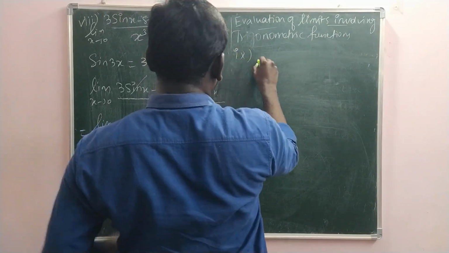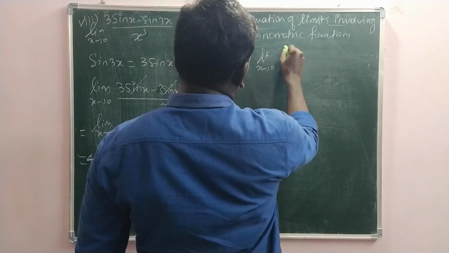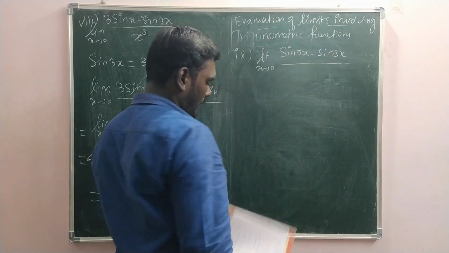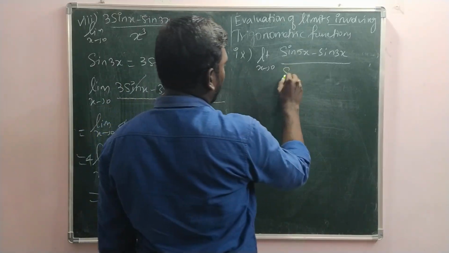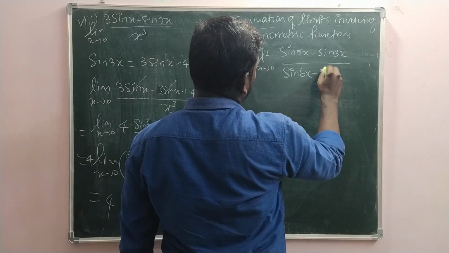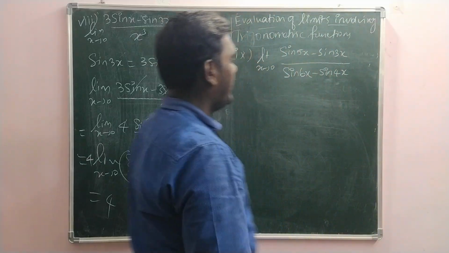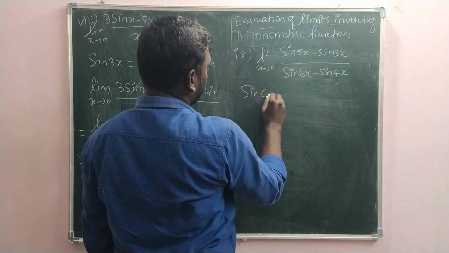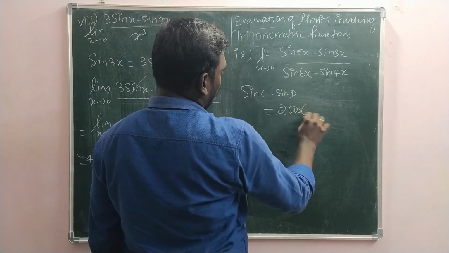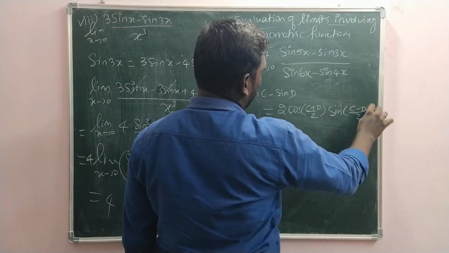So this ninth one, limit x tends to 0, sin 5x minus sin 3x by sin 6x minus sin 4x. Alright. Now we should use the sin c minus sin d formula. What is sin c minus sin d formula? So that is 2 cos of (c plus d) by 2 sin of (c minus d) by 2.